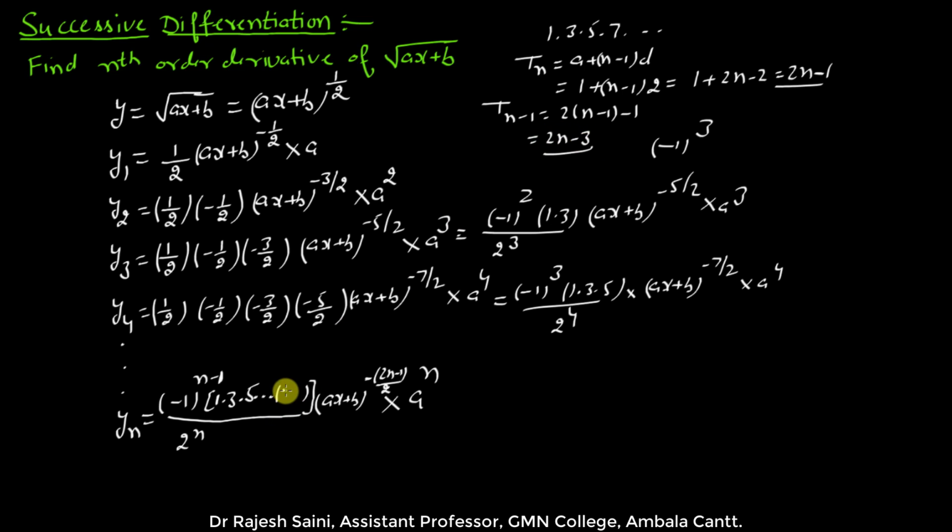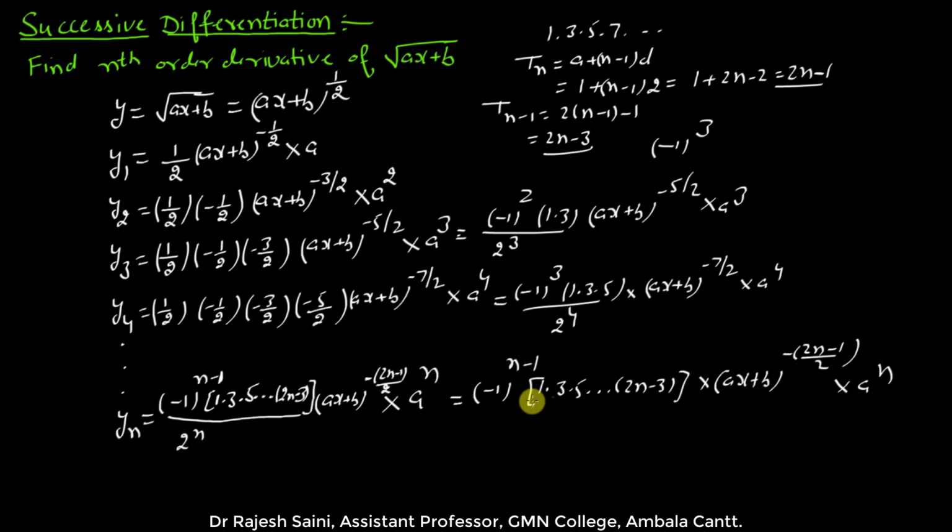So here you will be writing 2n minus 3. Once again I am writing it: minus 1 raised to the power n minus 1, into 1.3.5, 3 dots, 2n minus 3, into (ax plus b) raised to the power minus (2n minus 1) by 2, into a raised to the power n, and divided by 2 raised to the power n.